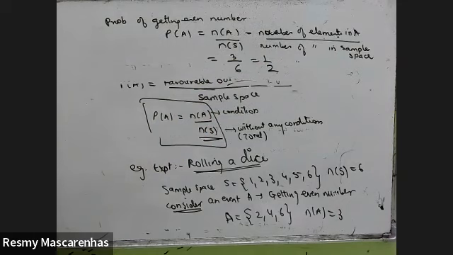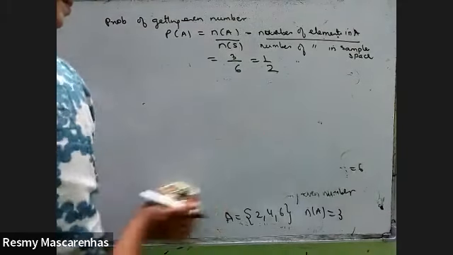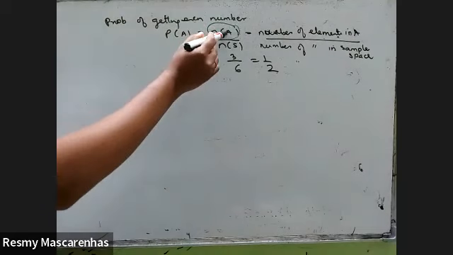Now, before starting with the chapter, there are certain things which you have to know. Probability can never be negative. If you get a negative final answer after calculating probability, your calculation is wrong. Same way, a probability can never be more than 1 because this number can never be bigger than this.